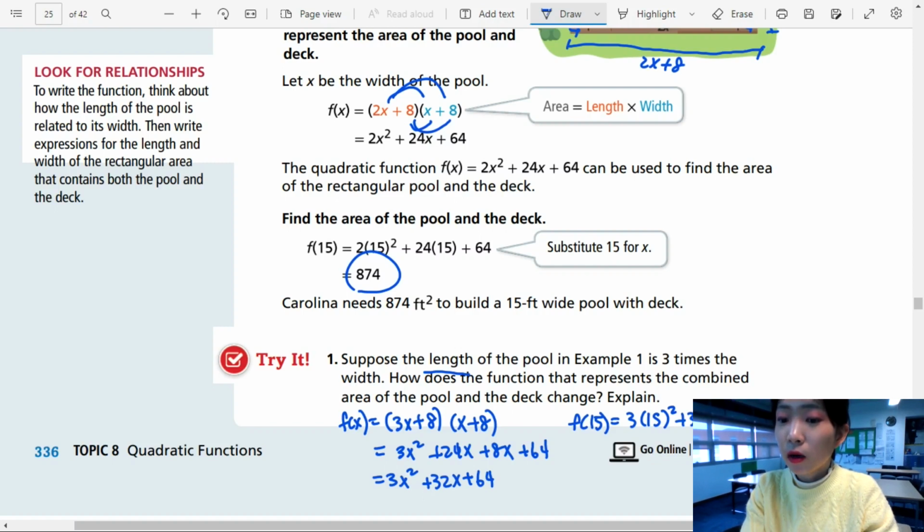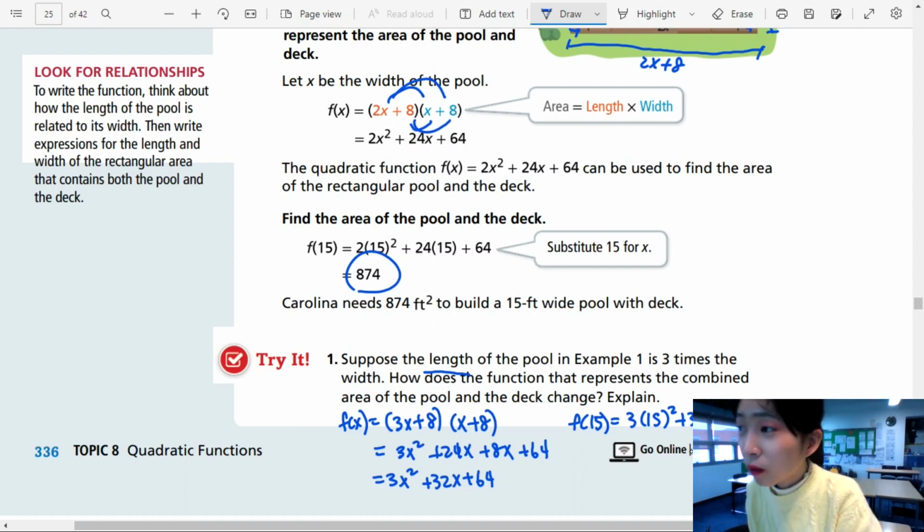And if you add all that, you will get 1,174. So she needs 1,174 feet square to build a 15 feet wide pool with a deck where the length is 3x. The length of the pool is 3x instead of 2x.